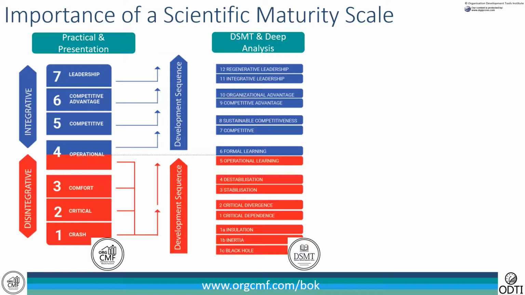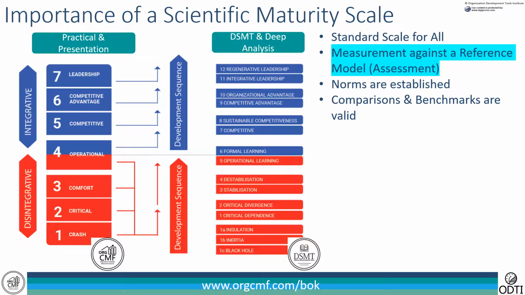In practice, we work with a comprehensive body of knowledge and maturity assessment tool based on 7 levels of maturity, and a simple set of rules presented that reflect organization learning theory at each maturity level. Where appropriate and in exceptional circumstances, we can carry out deep diagnosis using the full 15-level maturity scale of dynamic systems maturity theory as part of an organization maturity framework.